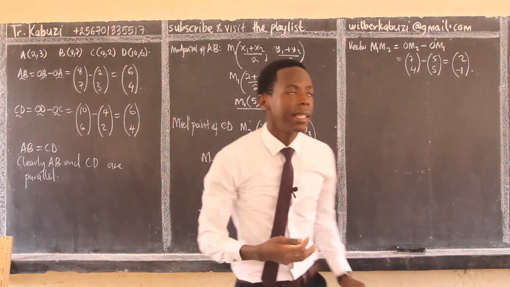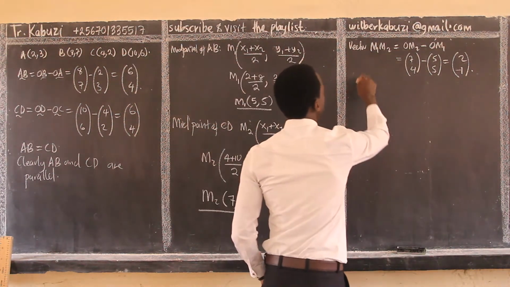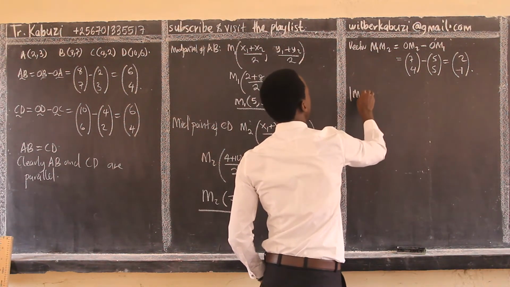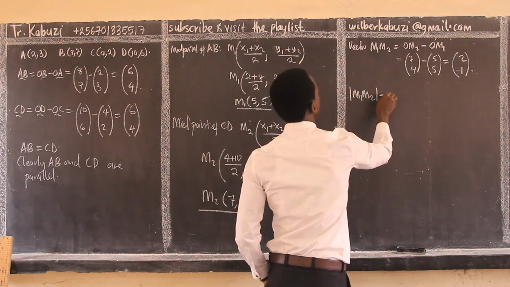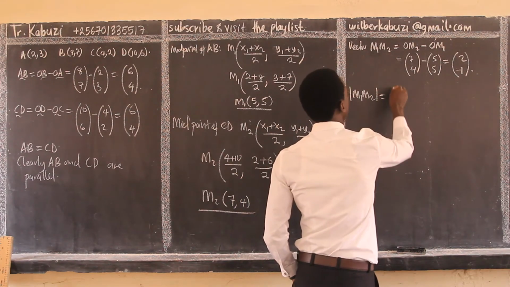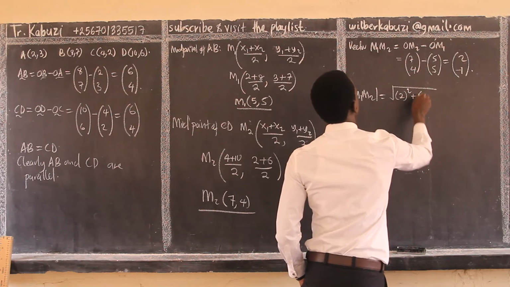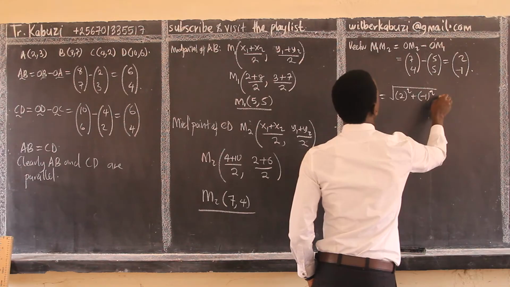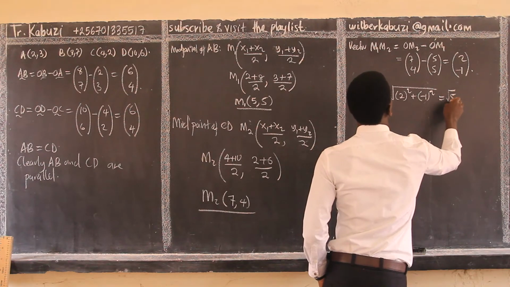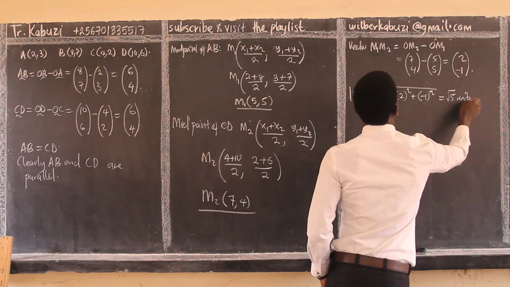Now to get the distance, we get the magnitude of this. So magnitude M1M2 will be, remember, the square root of the first quantity squared plus the second quantity squared, which will give us root 5 units. So that is it.